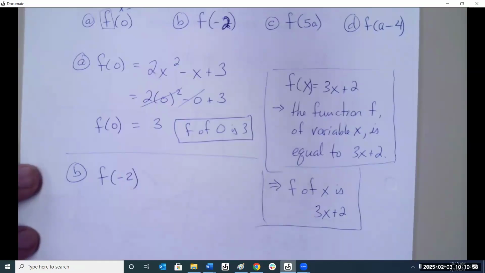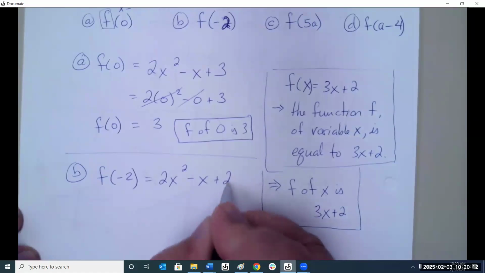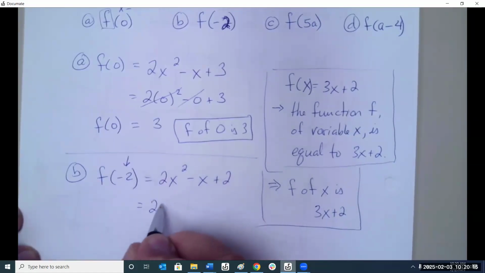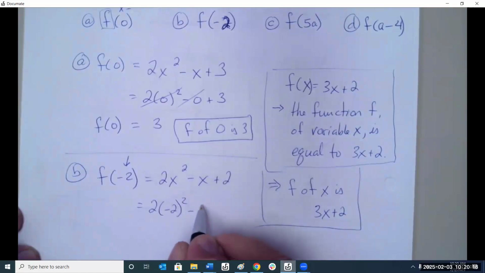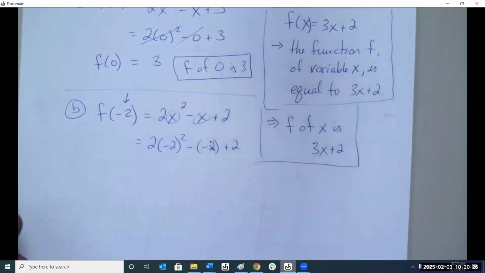B says f of negative 2. So whatever's after the word of, that defines your x value. So anywhere I see an x in my equation, I put a negative 2 in its place. The order of operations, what do we do first?